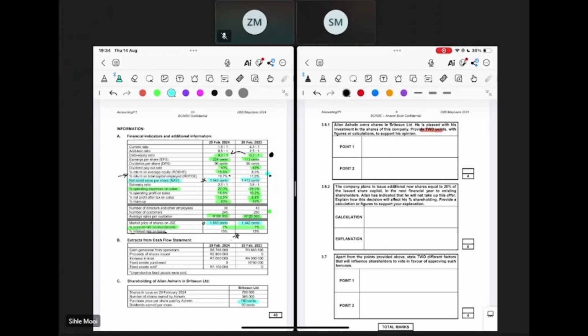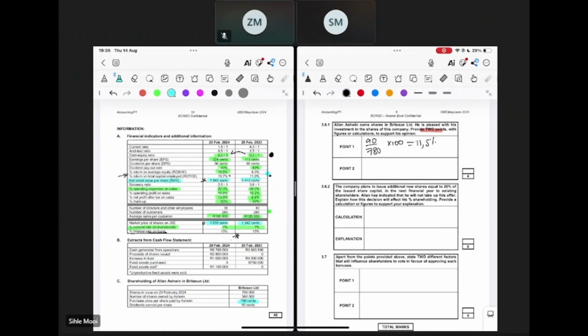They said we can use figures or calculations. So if we were to use a calculation, 90 divided by 780 times 100 gives you 11.5%.